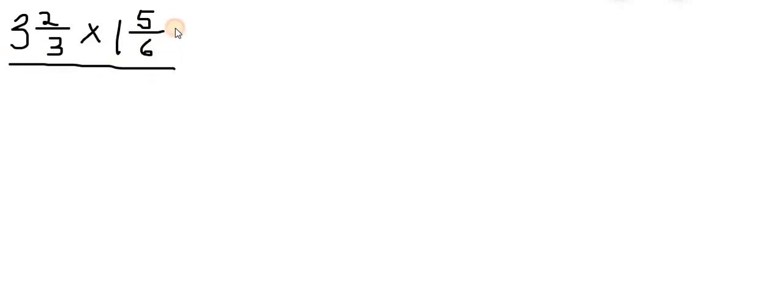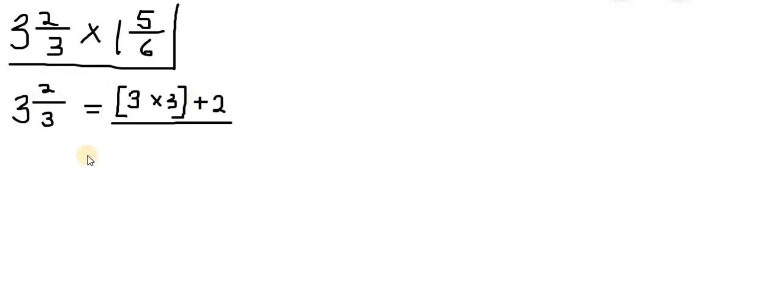Now, another example. 3 2 over 3 times 1 5 over 6. Okay? Remember, first thing we do, we don't solve them as mixed fractions. We convert them to improper fractions. So 3 2 over 3, that's basically in a bracket, whole number 3 times bottom number 3, and then we add the top number of the proper fraction, which is 2, over the bottom number that never changes, still 3.